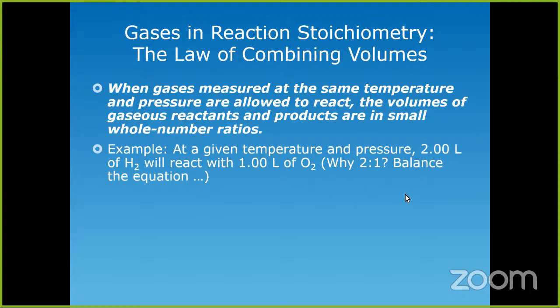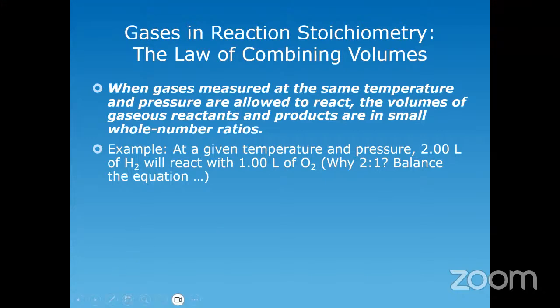Well, if you look at the equation, which I'm quite sure you're all familiar with, the reaction between hydrogen and oxygen to form water, and if you were to balance it, you'll see that there's going to be a 2-to-1 mole ratio between the hydrogen and the oxygen, all right?